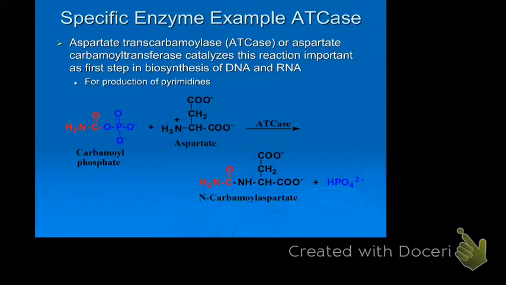So it's an amide, the simplest amide. So that's a carbamoyl, and then phosphate is just phosphate. And this is important for DNA and RNA synthesis. You take it, you add in aspartate, ATCase takes over and makes N-carbamoyl aspartate and gives off the hydrogen phosphate.